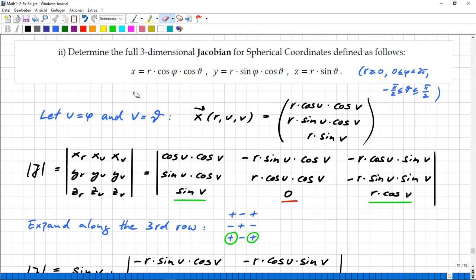So I'm using this definition of spherical coordinates, which is very analogous to the geographical coordinate system, where the phi angle is a horizontal angle, much the same as in the other definition of spherical coordinates, and theta is a vertical angle.